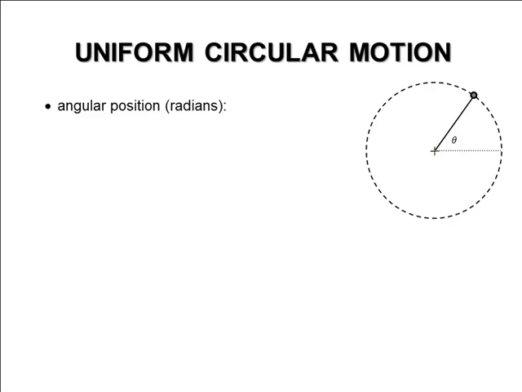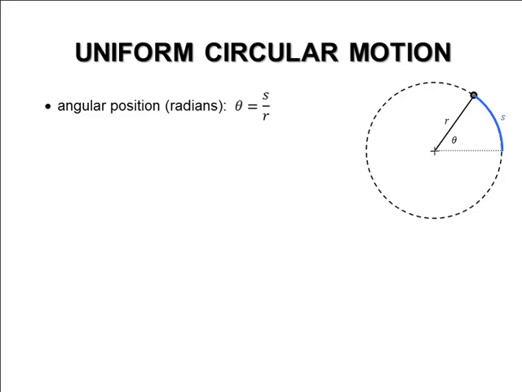Now, we want to think about how to define that angle in terms of radians. We have the blue line here, that's called the arc length. That's the actual distance traveled along the circular path by the particle, starting at our reference location. And r there represents the radius of the circle. Then by definition of a radian, the angle is just s over r.